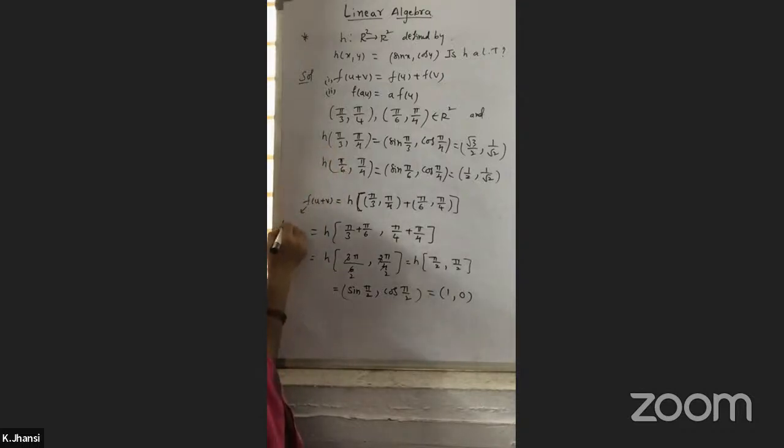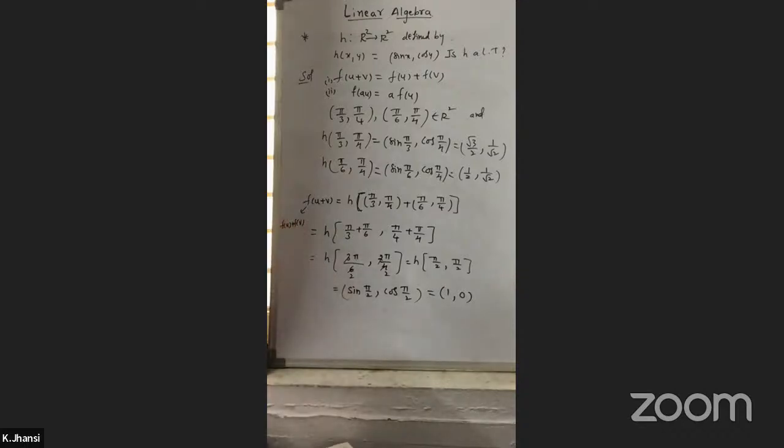Okay. So now this should be equal to what? F of u plus f of v. That means here, instead of f we have h: h of u plus h of v. What is u here? This whole thing is u, this whole thing is v. Okay.